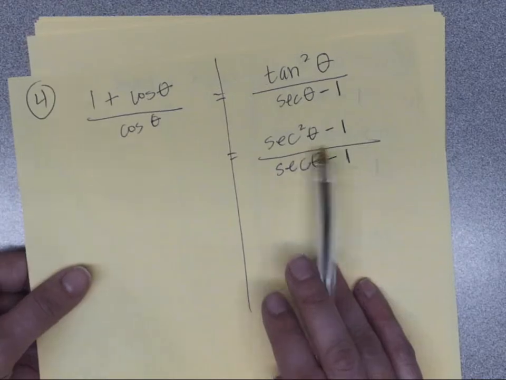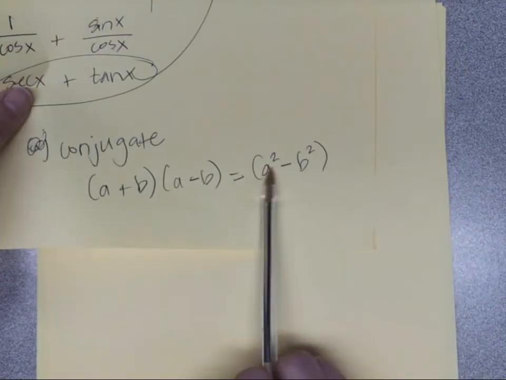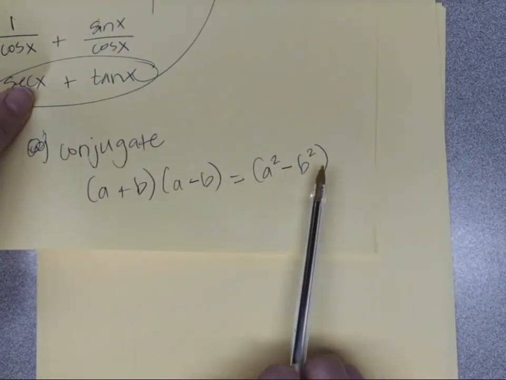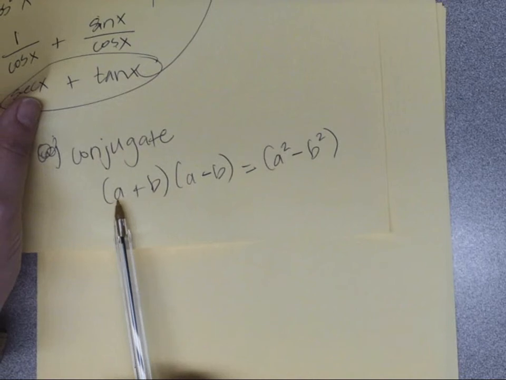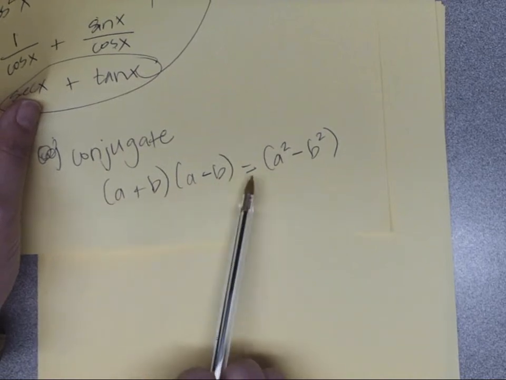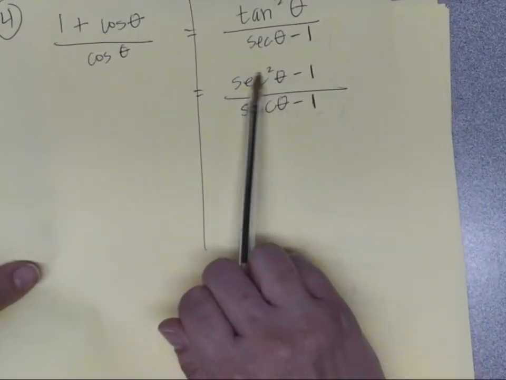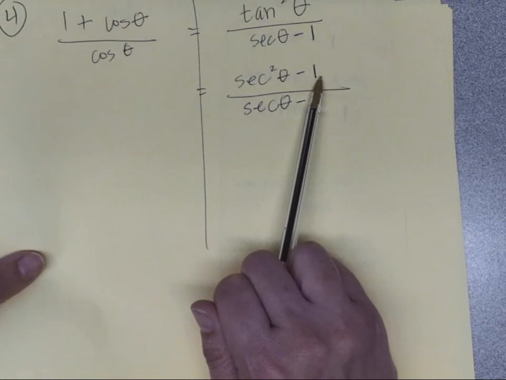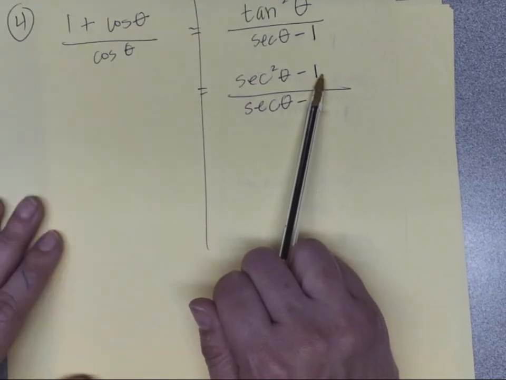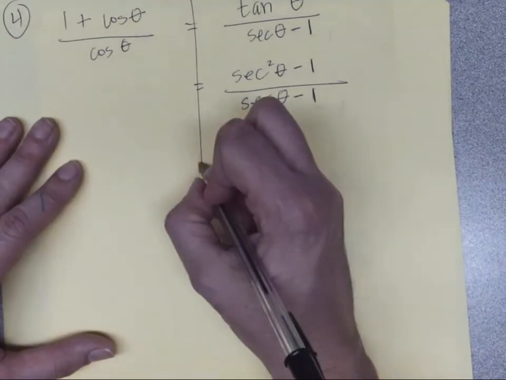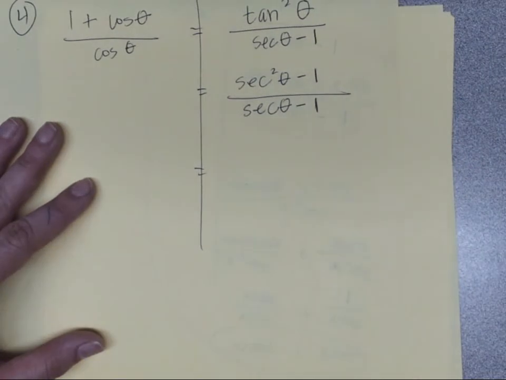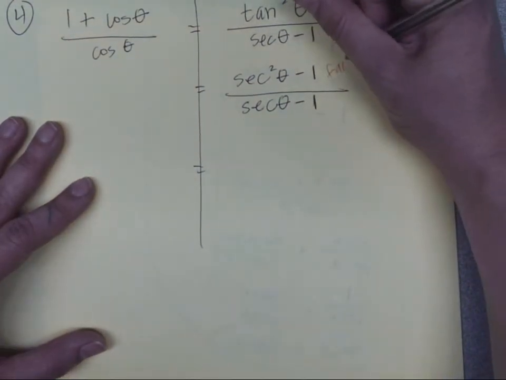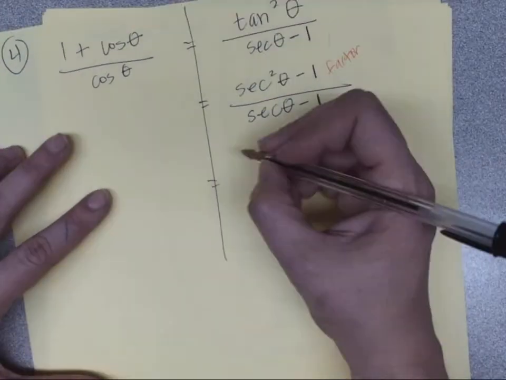Something squared minus something squared factors into a plus b times a minus b. So this is secant squared minus 1 squared, because 1 squared is the same thing as 1, right? So I could factor this using the difference of 2 squares.